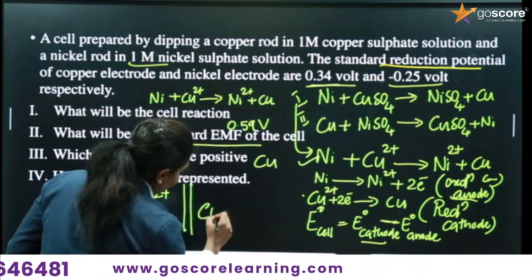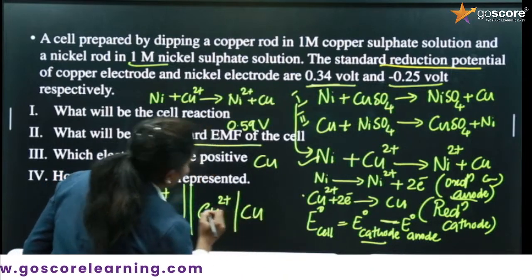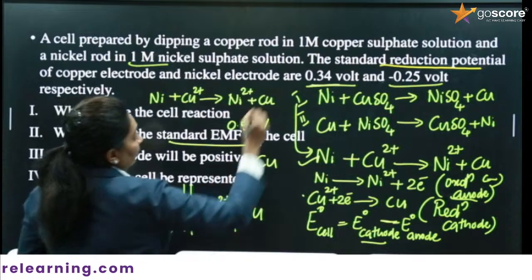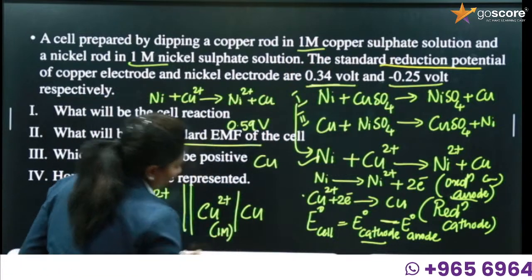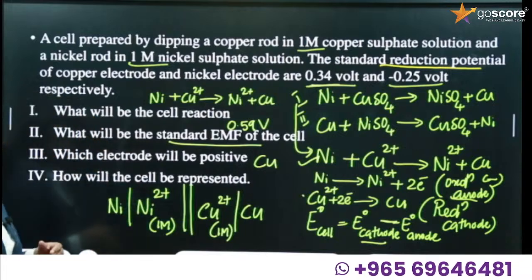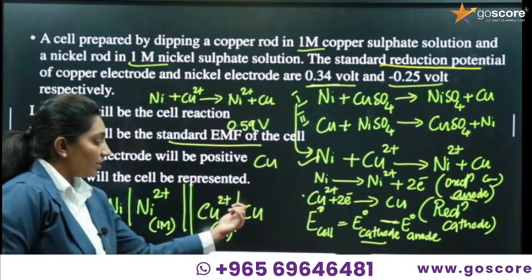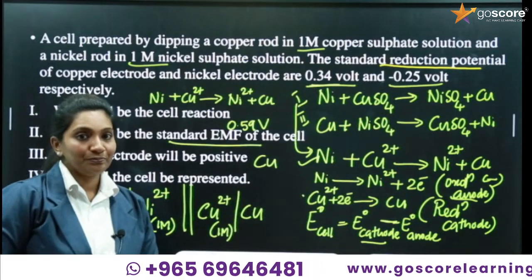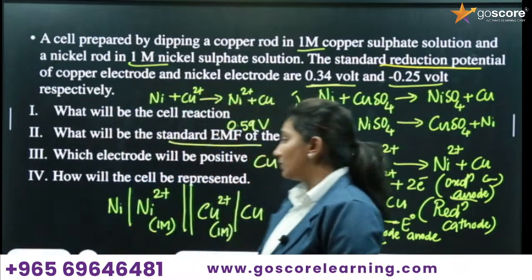Cathode is Cu2+ ions, copper, and the copper sulfate concentration is mentioned as 1 molar. So this is the way we will represent the cell: the anode, then the salt bridge, then the cathode. Okay, so I hope this question is clear for you.